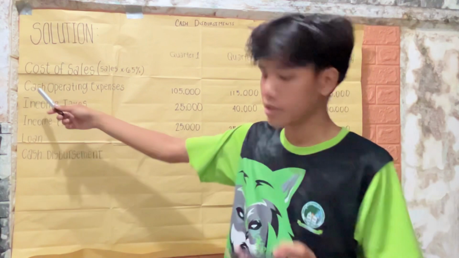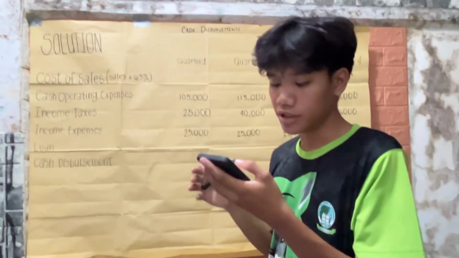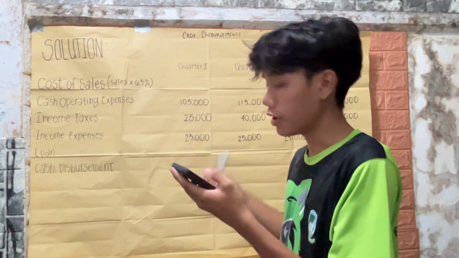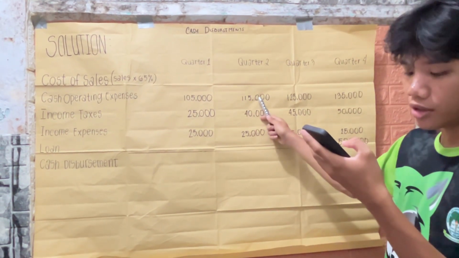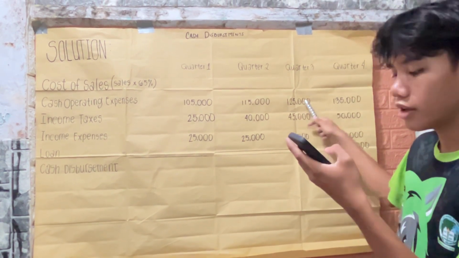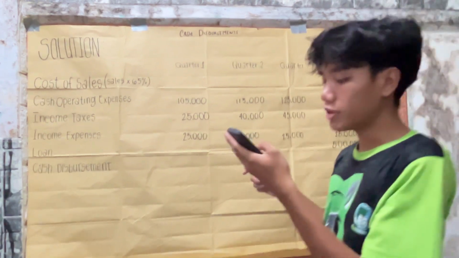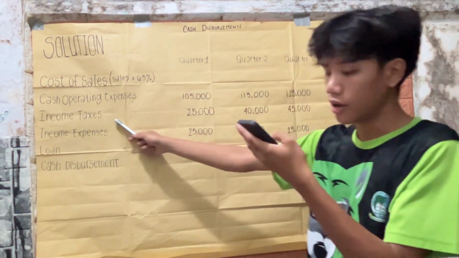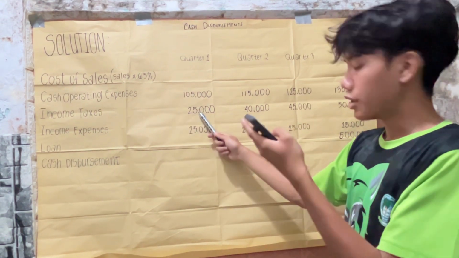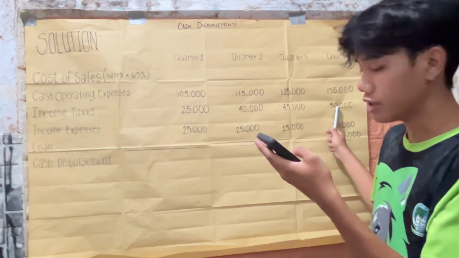Then next, the company assumed that the operating expenses from quarters 1 to 4 are 105,000, 115,000, 125,000, and 135,000. Next, the income taxes to be paid from quarter 1 to 4 are 25,000, 40,000, 45,000, and 50,000.